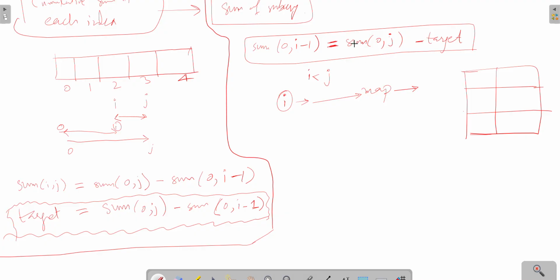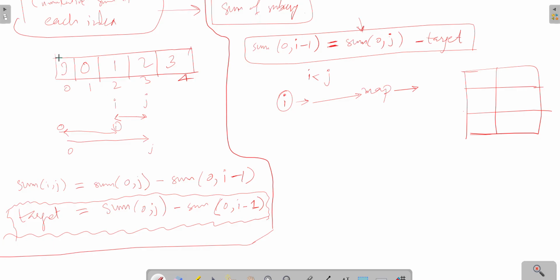So now your job will be to iterate through the array and plug these values, whatever these are, into the cumulative sum of j.